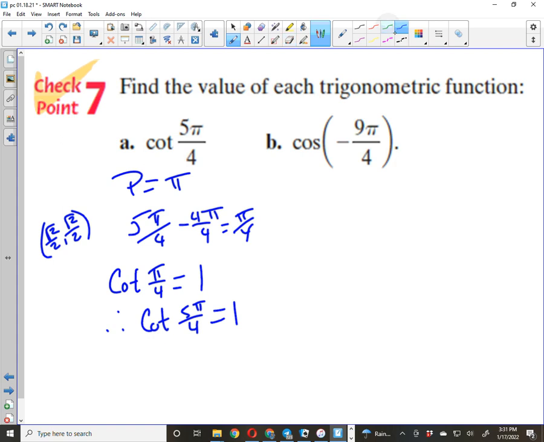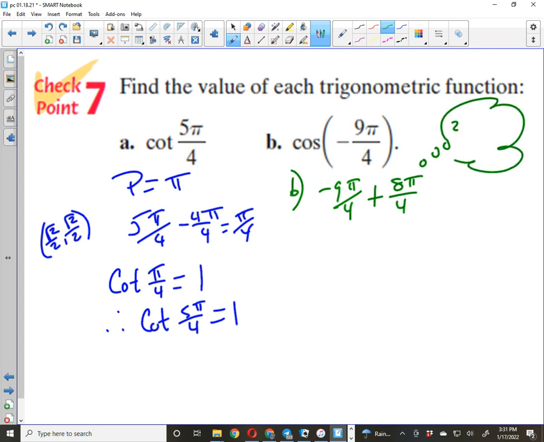All right, for part B here, negative 9 pi over 4. If I add 8 pi over 4, in other words, 2 pi is equal to 8 pi over 4, I'm going to get a negative pi over 4, right? Those are coterminal.